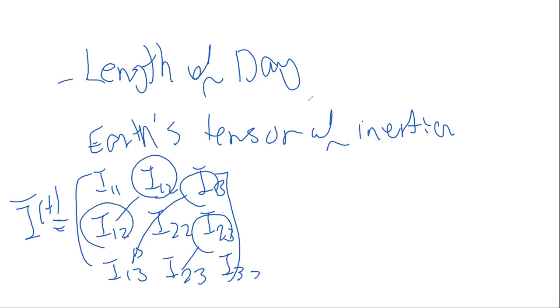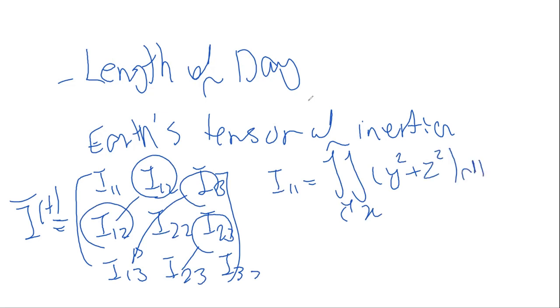And for example, the first moment of inertia is computed by this integral: integral over y squared plus z squared, dm, where x, y, z is the Earth's coordinate system and dm is the integration element.